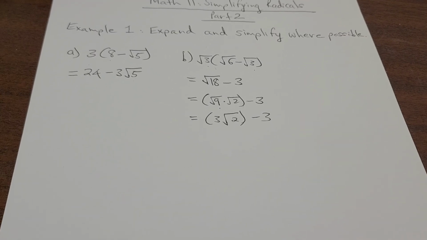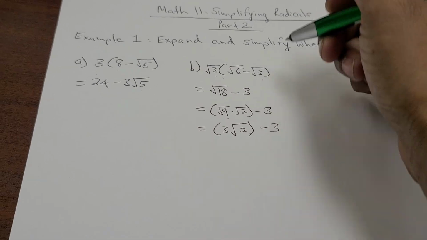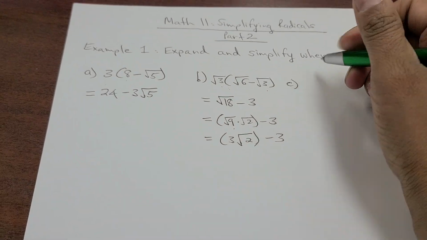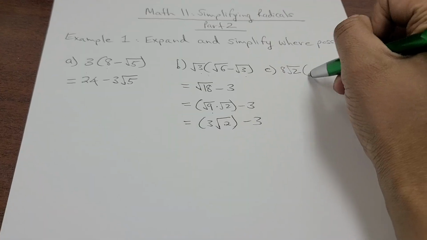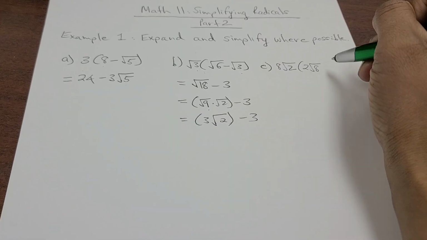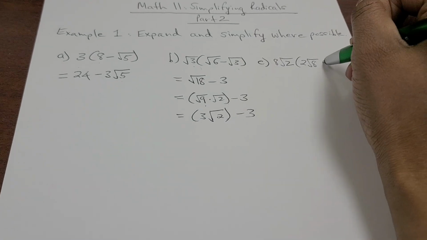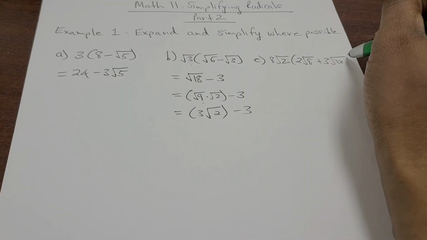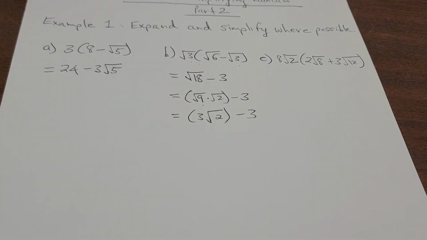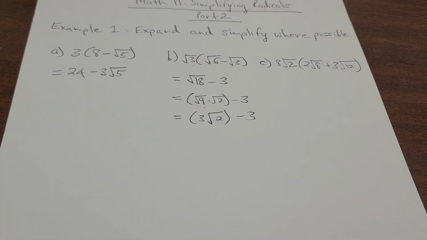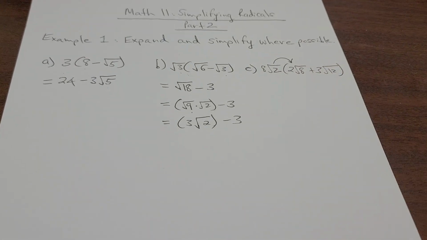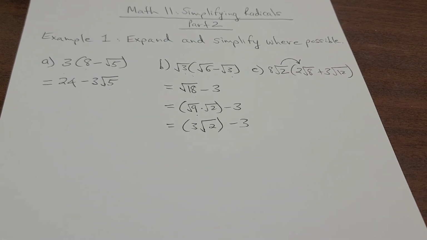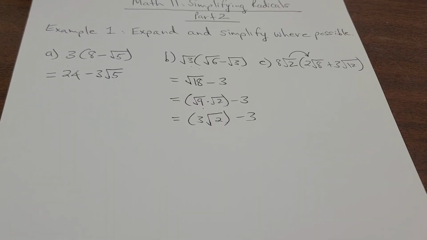Okay, with that, let's take a look at something that's a little bit more complex. So C says 8 root 2 times (2 root 8 plus 3 root 12). Okay, so say this is the question. I'm going to multiply. And again, if you want to draw arrows, I would do that because we're just using the distributive property here.